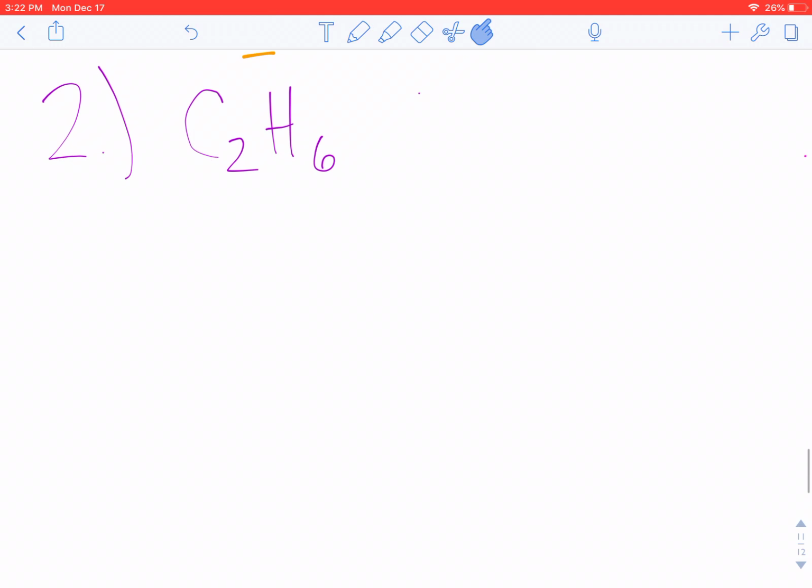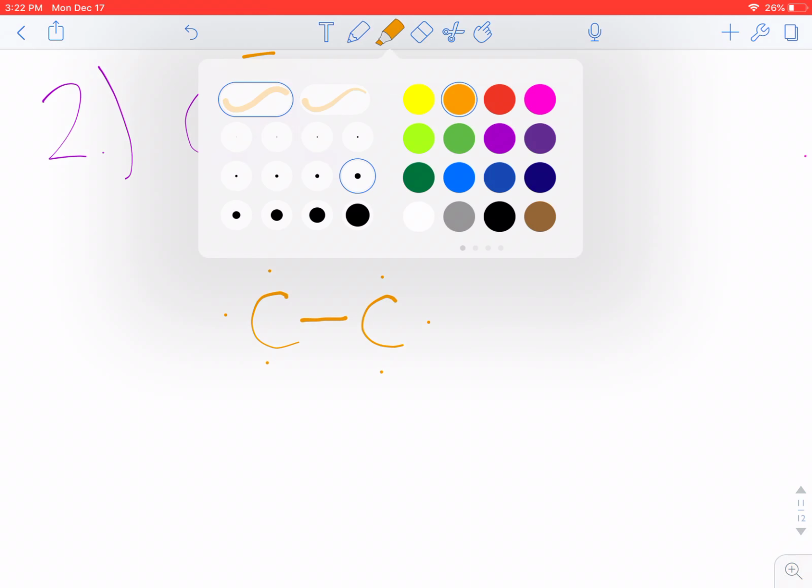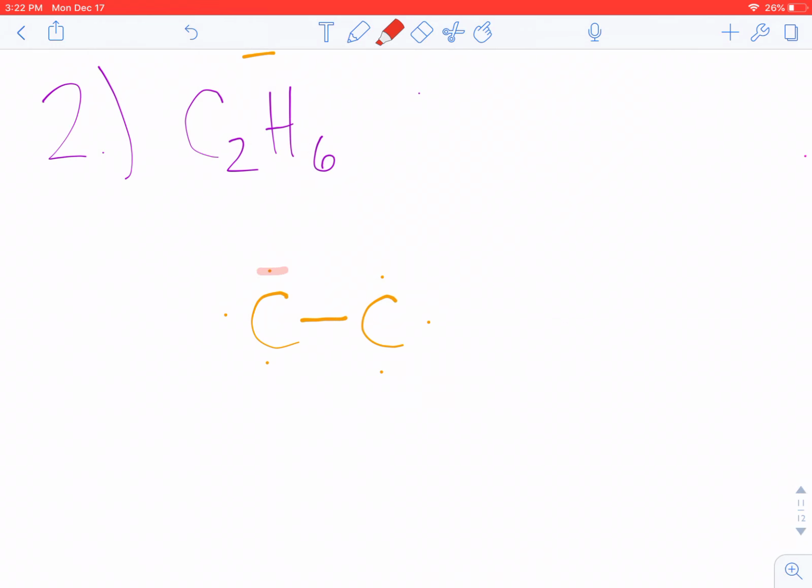To show you number 2, you've got 2 carbons, each has 4 valence electrons, and you also have 6 hydrogens. So let's go ahead and draw a bond between these carbons, because it's obvious that a bond will form there. If you count these up, you will see that carbon currently has 1, 2, 3, 4, 5 valence electrons.